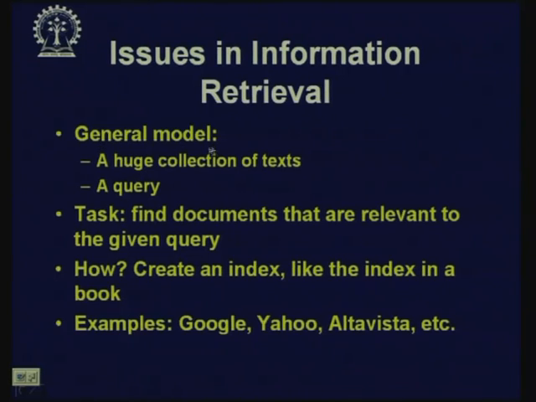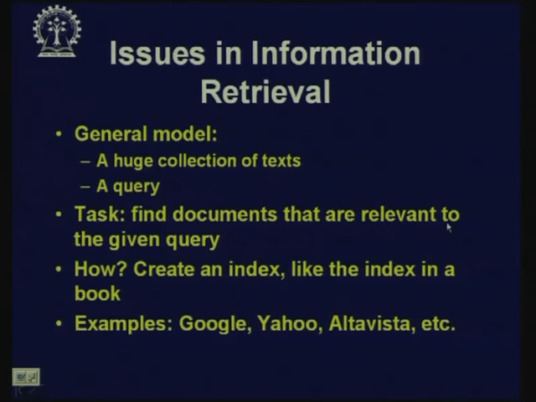So, a general model of information retrieval is that we start with a huge collection of texts and we have got a query, and our task is to find the documents that are relevant to the given query. There are different measures to really compute which are relevant.